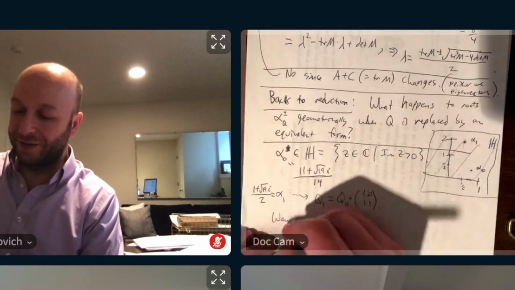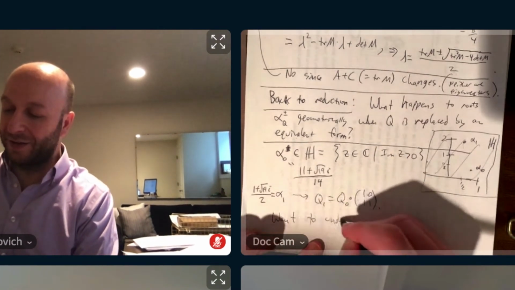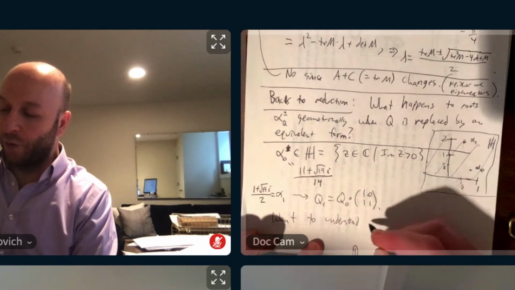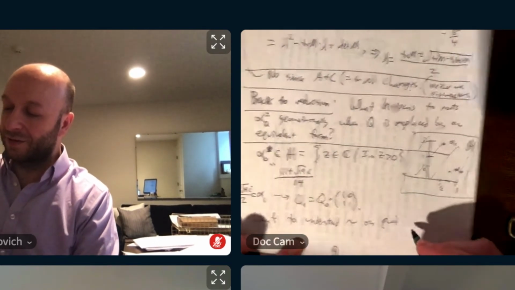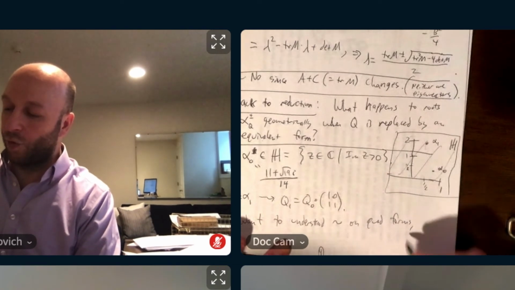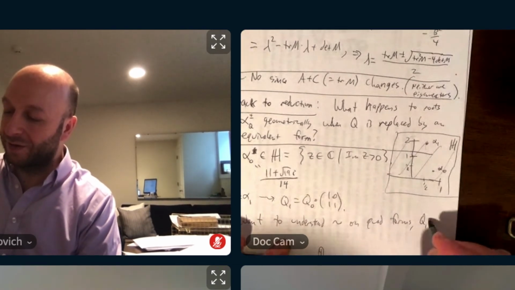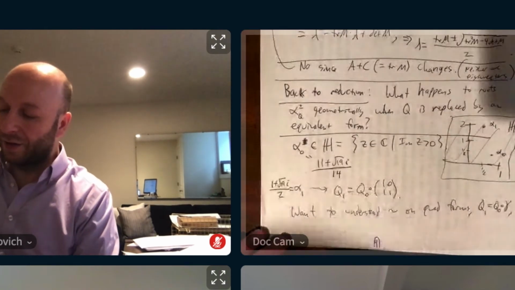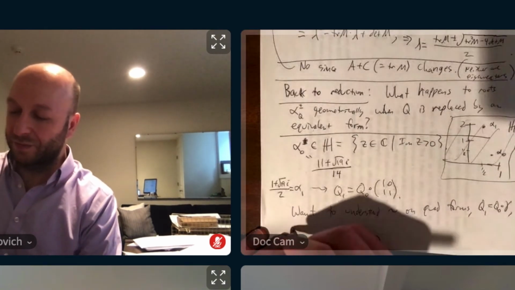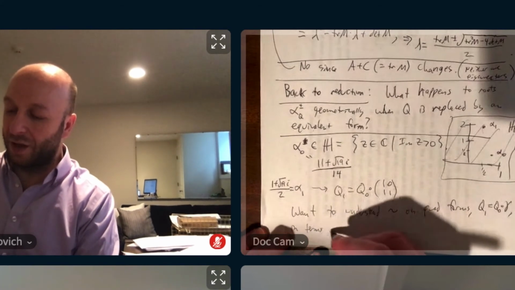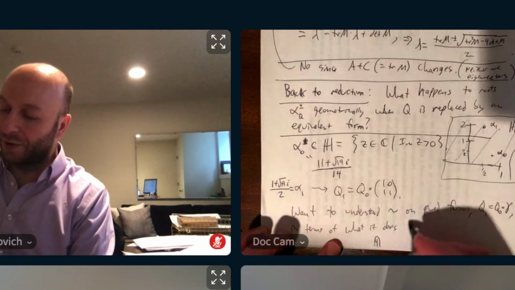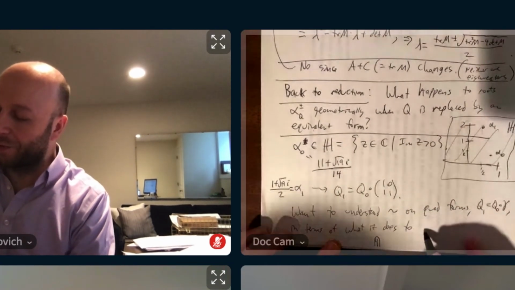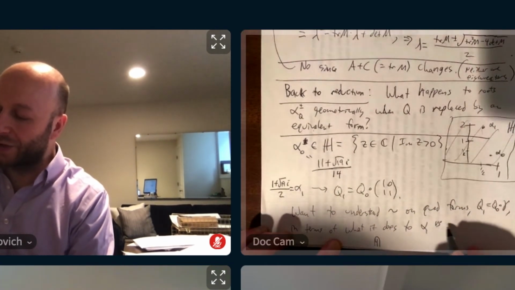I want to understand equivalence or transformation of quadratic forms in terms of what it does to the corresponding roots, alpha 1 versus alpha 0.